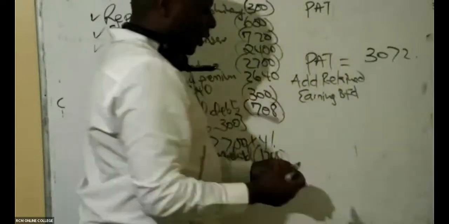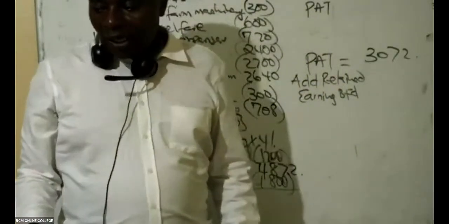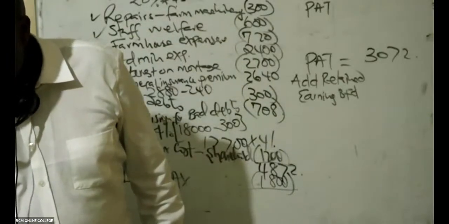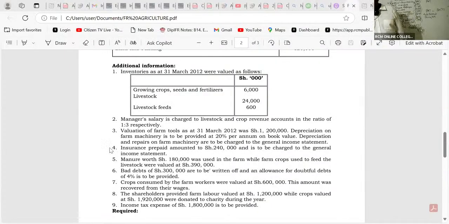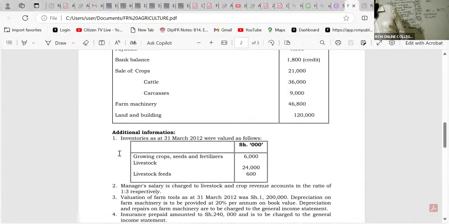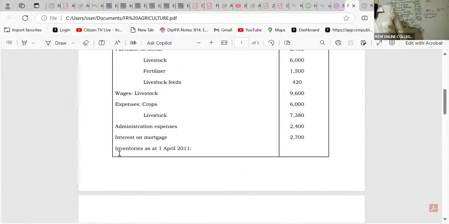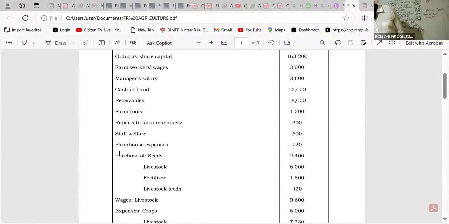So retained earnings brought forward at the beginning of the year. Is there someone who can see this retained earnings brought forward from the trial balance?